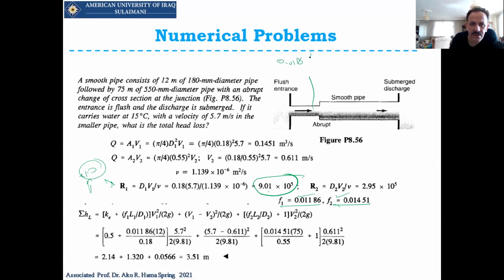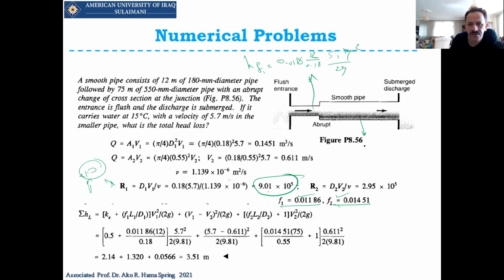times L over D, where L is 12 meters and D is 0.18, times V1 squared, which is 5.7 squared, over 2g. This is the friction head loss for the first pipe.